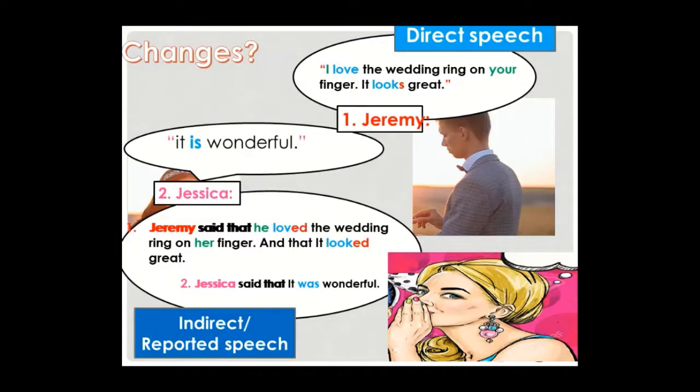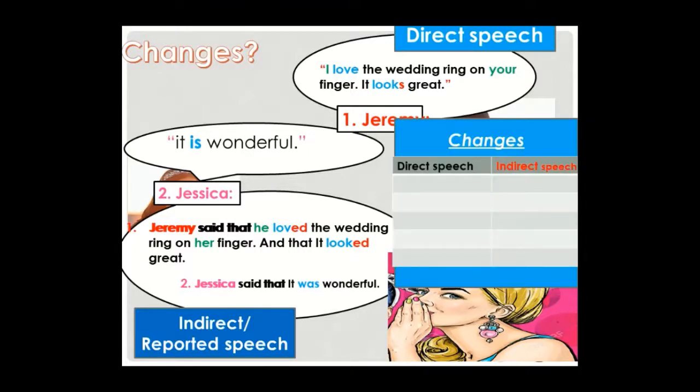So these are the changes from direct to indirect speech. The first change is I in direct speech; in indirect speech we have he. The second is your. In indirect speech, your becomes her.